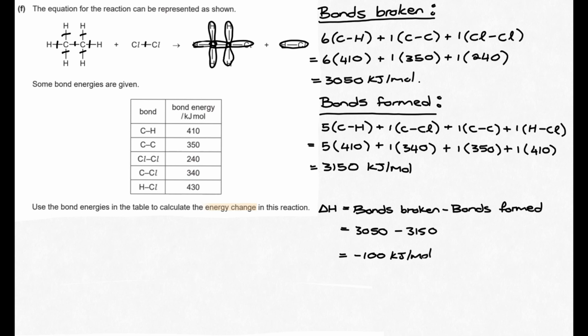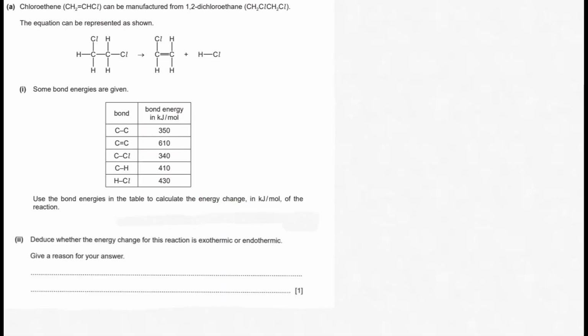Another reminder, the negative sign in front of this value refers to the reaction being exothermic and releasing energy overall. Hopefully by now you realized that the bond energies can be used for either forming bonds or breaking bonds, and that there's no difference between the bond energy to, for instance, break a carbon-carbon bond and to form a carbon-carbon bond. Okay, let's move on.